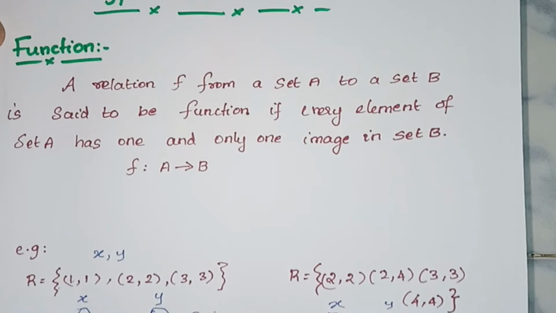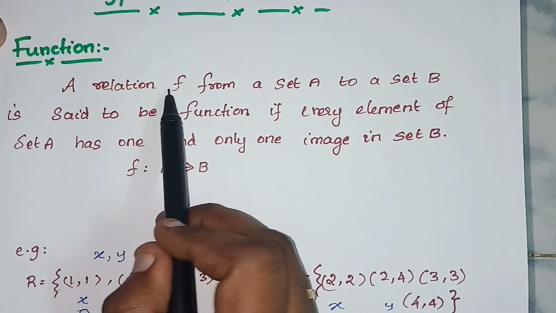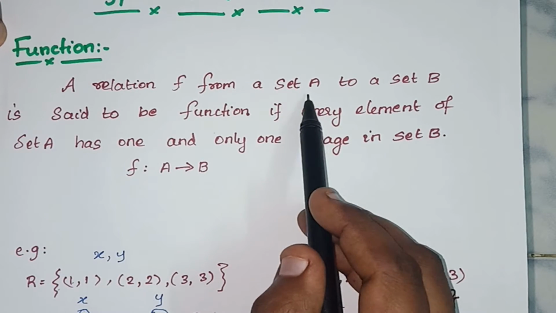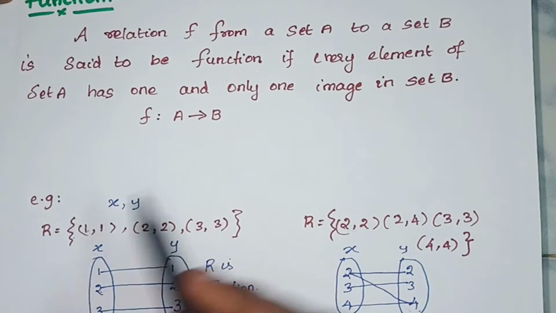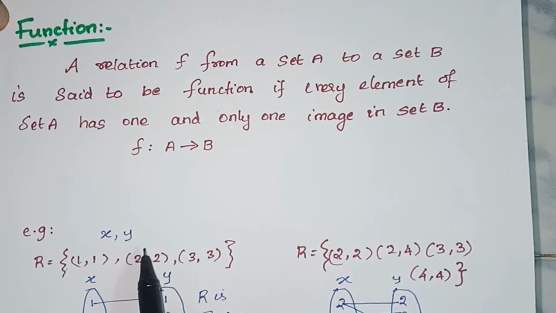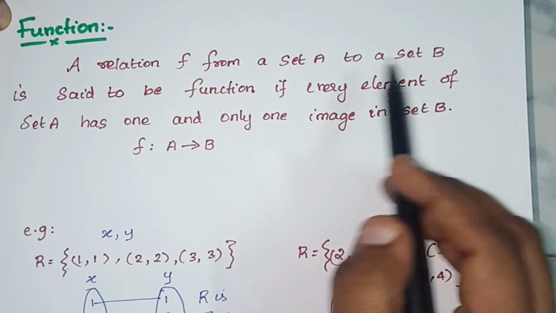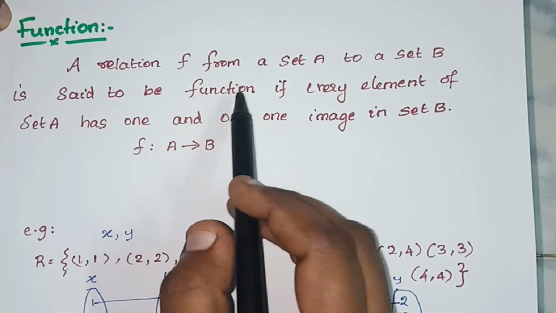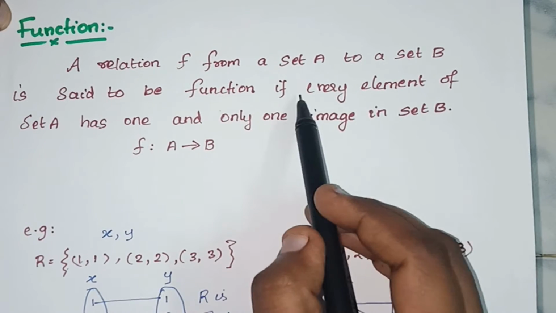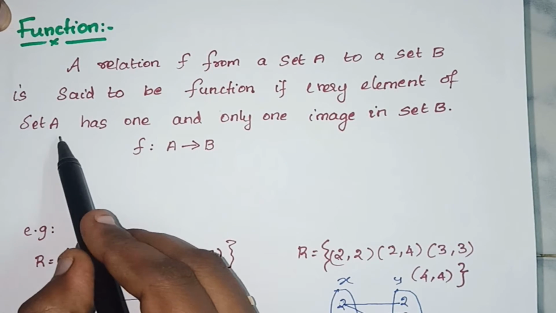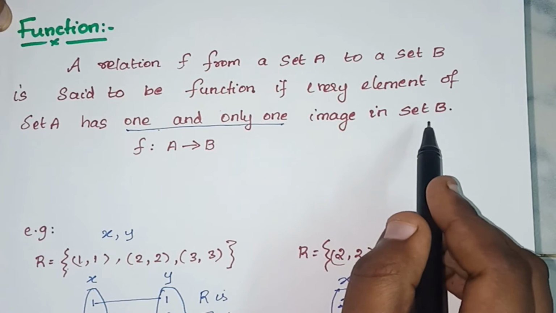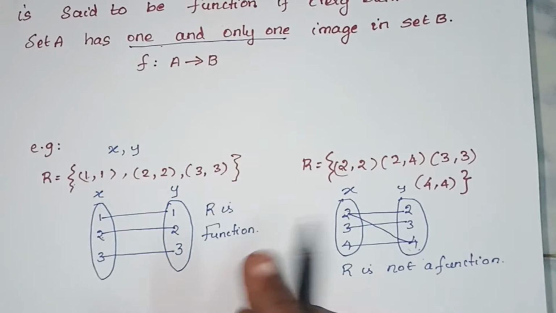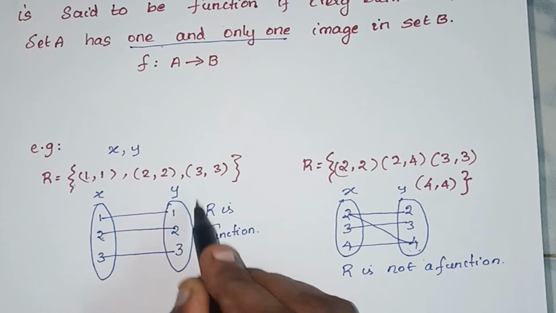Now we will read the definition. A relation f from a set A to a set B, here represented as A and B, just as X and Y before. It is said to be a function if every element of set A has one and only one image in set B. Image is nothing but the second value.